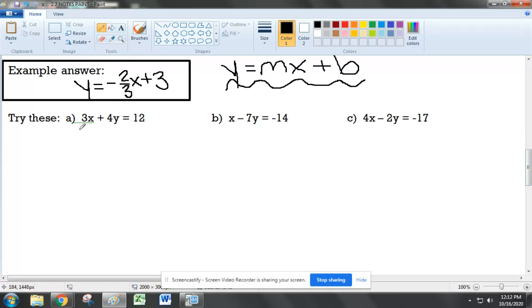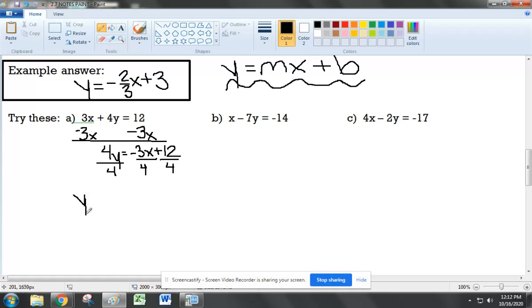All right, let's try a few more that look just like that so we can practice the whole process. If we want to get y by itself, we need to move the x to the other side. Okay, so 4y equals negative 3x plus 12, and then divide both sides by 4. And I'm going to break it down step by step.